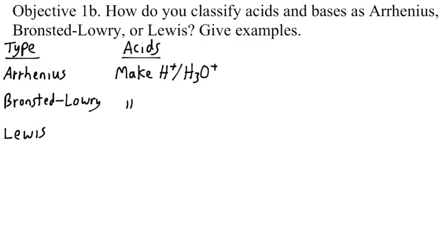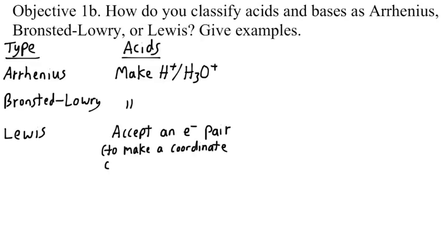Lewis acids we haven't learned about yet. They're defined with electron pairs, so Lewis acids accept an electron pair. And they use that electron pair to make a covalent bond where both electrons in the bond come from the electron pair they're accepting.